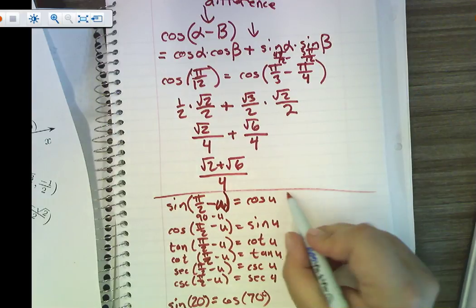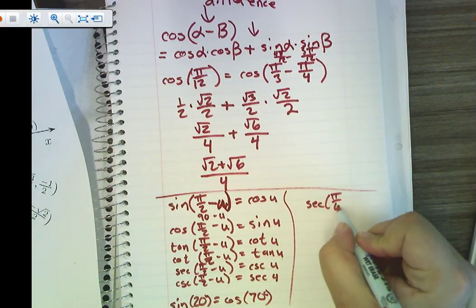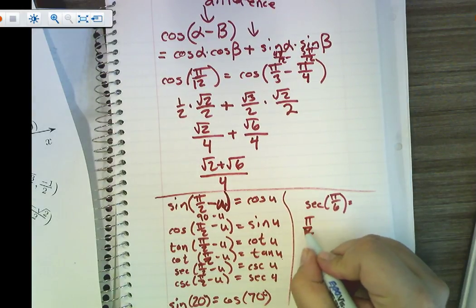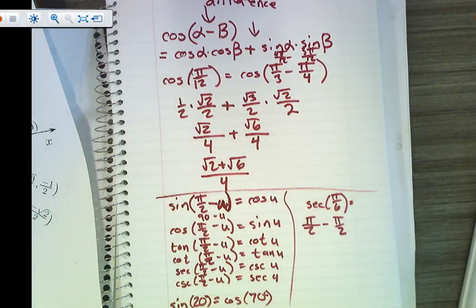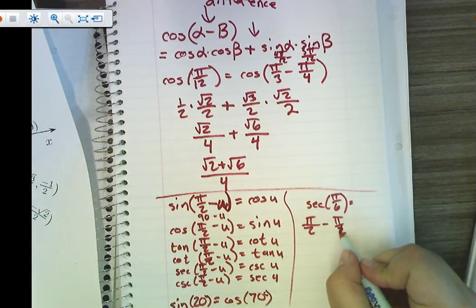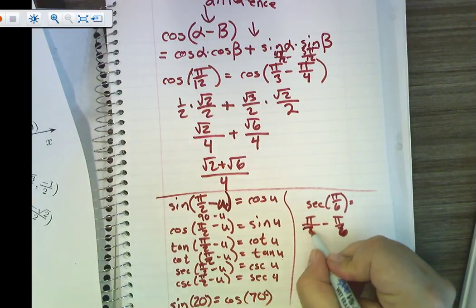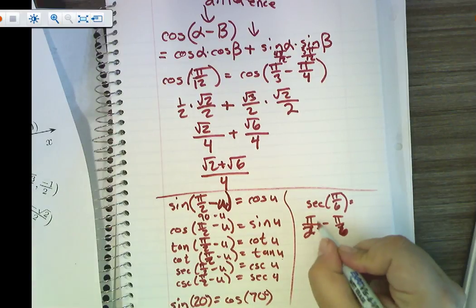So if I did, as another example, secant of pi over 6, which one would go with that? So you would do pi over 2 minus pi over 6, because pi over 2 is another way to write 90, right? That's a 6 now, and this one's a 2, so I need a common denominator, times 3 times 3.